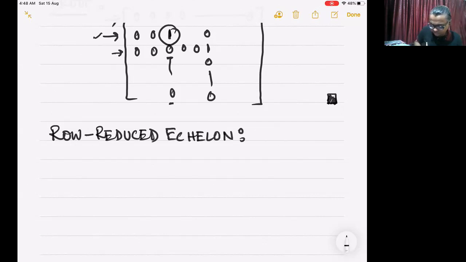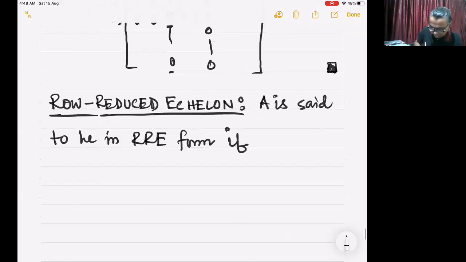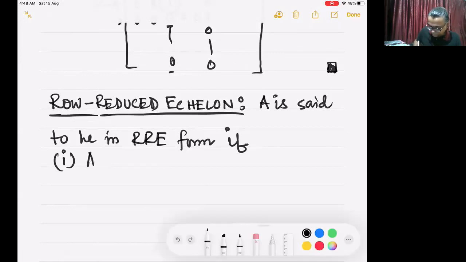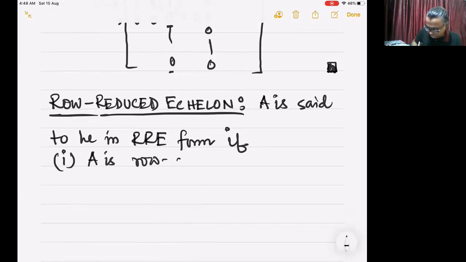So what is row reduced echelon form? A matrix A is said to be in RRE form, row reduced echelon form, if it satisfies three properties. First, A is of course row reduced.